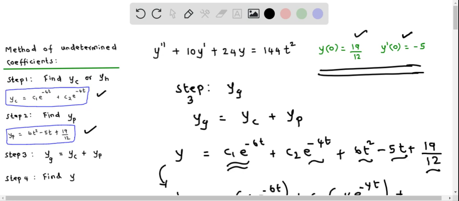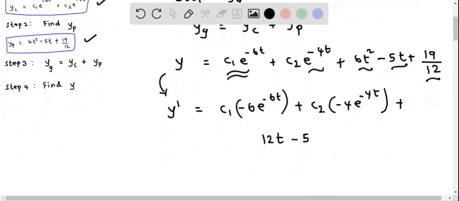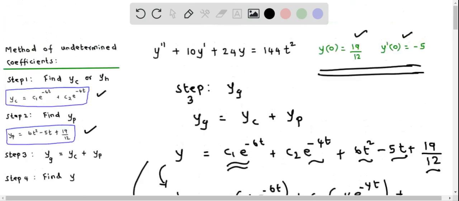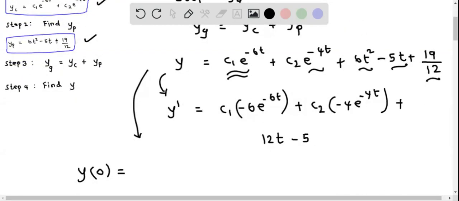First, let me use y of 0, which equals 19 over 12, and for that I'm going to consider this y equation and substitute t equal to 0 into it. So I will get y of 0, which is given as 19 over 12. So I put 19 over 12, and this equals, I have to replace all the t's by 0.